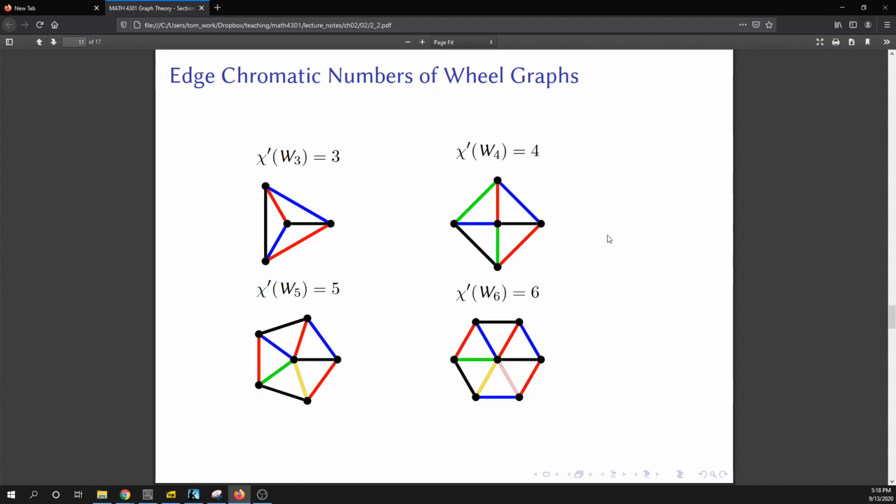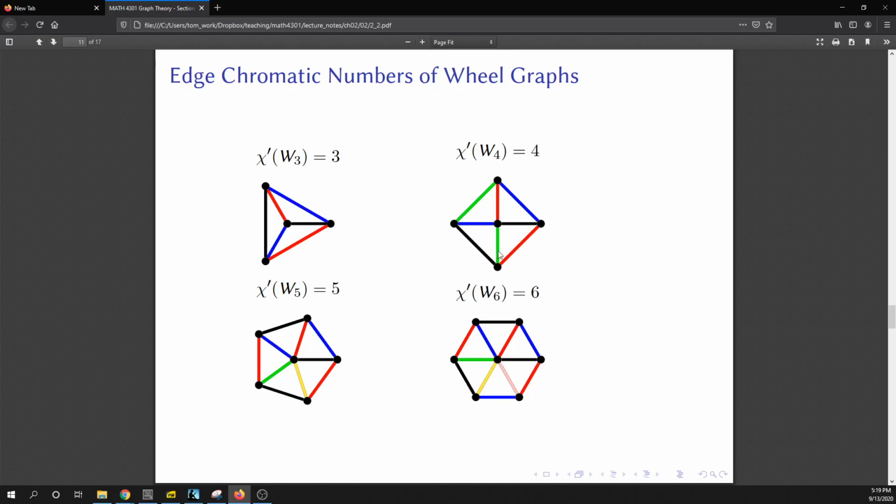All right, with the wheel graphs, the wheel W3 has max degree 3. And if you look at all of the wheel graphs, that's true. Whatever that vertex is that's adjacent to all of the other vertices, it has the maximum degree. And so the edge chromatic number of these is going to be greater than or equal to the degree of that special vertex that's in there.